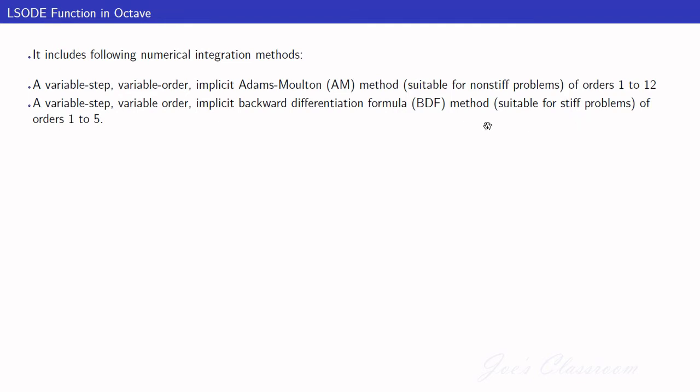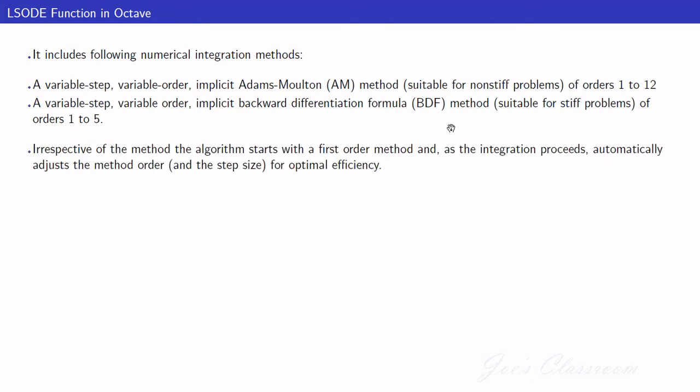Of course, the methods which we use for stiff ordinary differential equations can be used for non-stiff ordinary differential equations also. The order of the methods varies from 1 to 12 in the case of the AM method, and the order varies from 1 to 5 in the case of the BDF method.